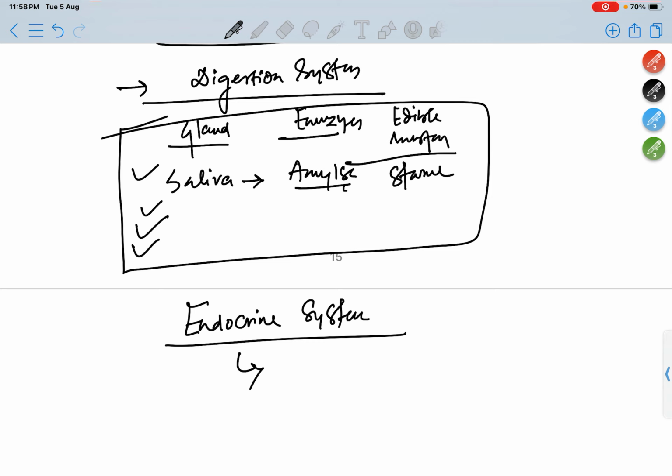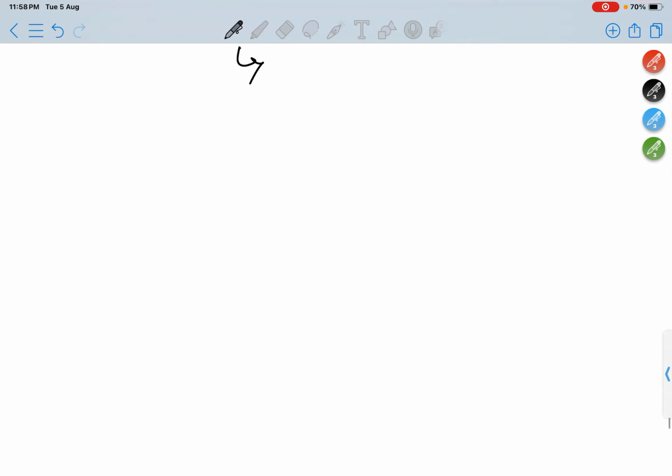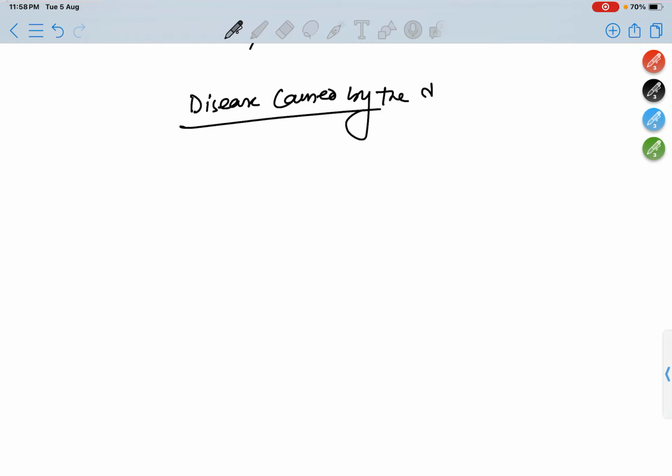Now, very important thing. The most important thing of this zoology portion is diseases caused by the deficiency of vitamins and their sources.